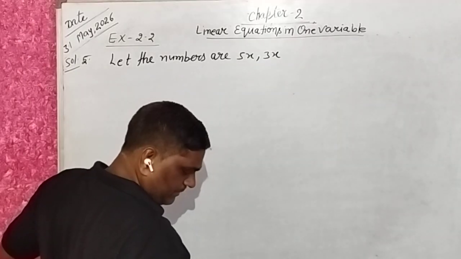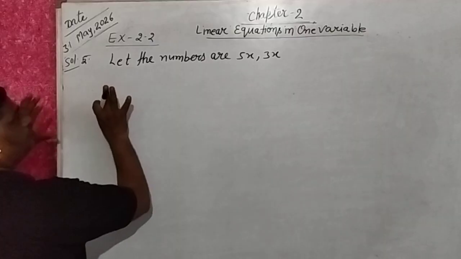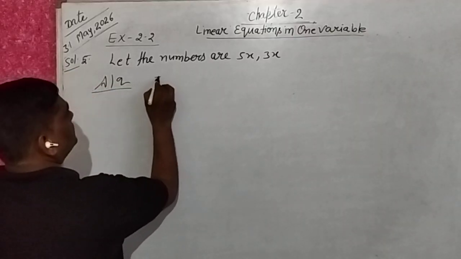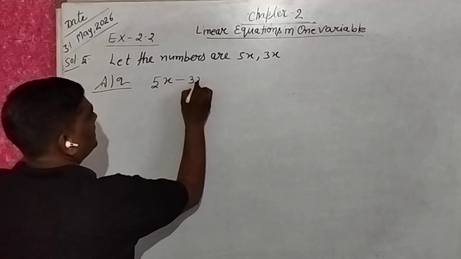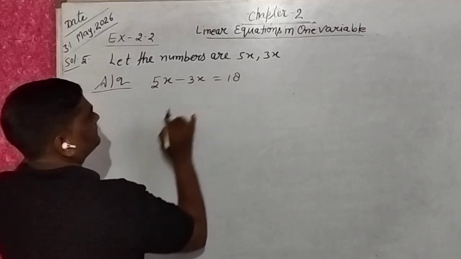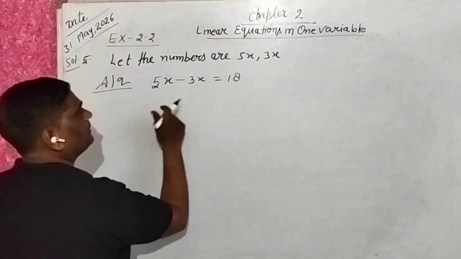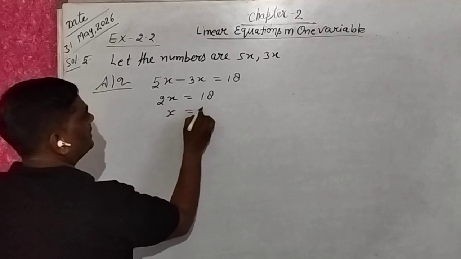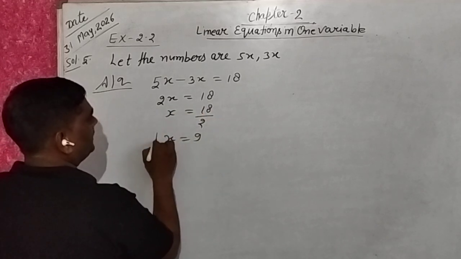According to the question, their difference, 5x minus 3x, is equal to 18. Then 2x is equal to 18, x is equal to 18 upon 2, x is equal to 9.